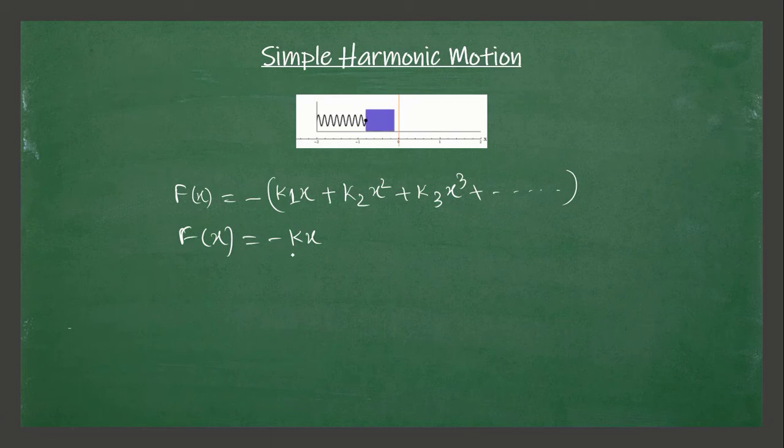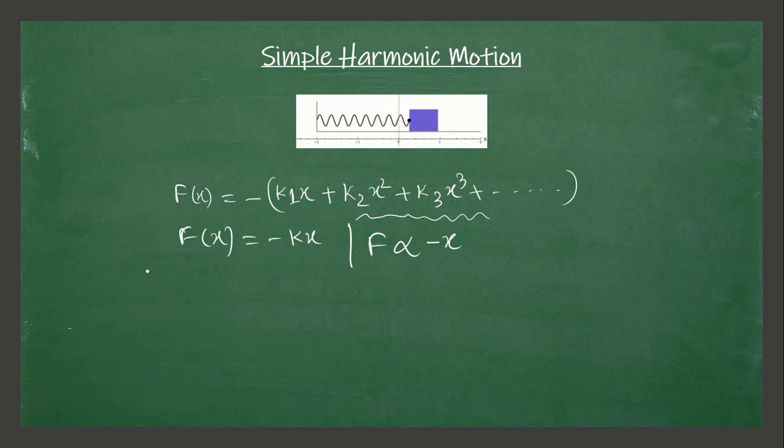This one is actually valid for small displacement. So that means for small displacements, we can ignore these higher order terms, and then we can call this motion a simple harmonic motion. There is an alternative way of writing this, which is force is proportional to minus the displacement. This is also known as Hooke's law.